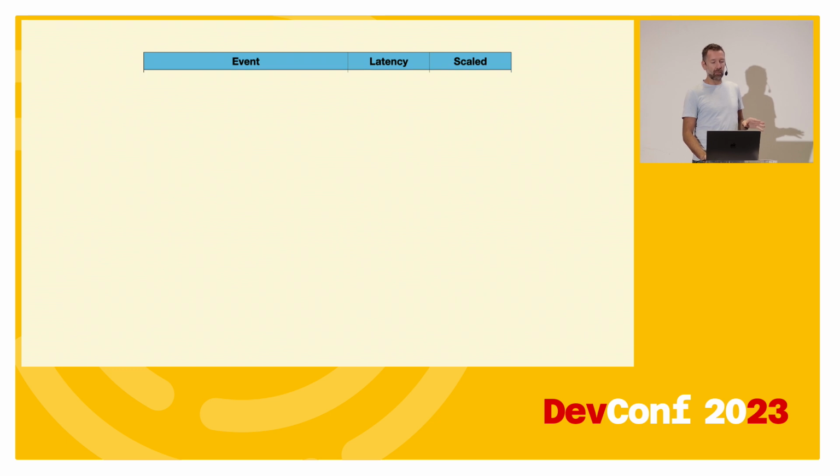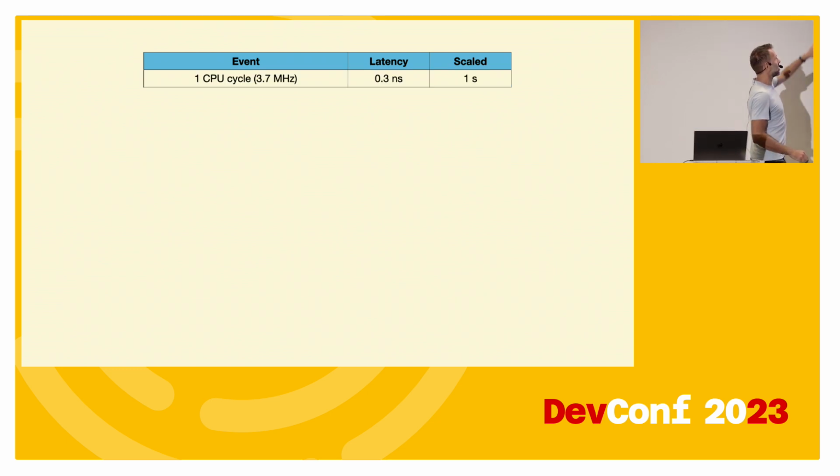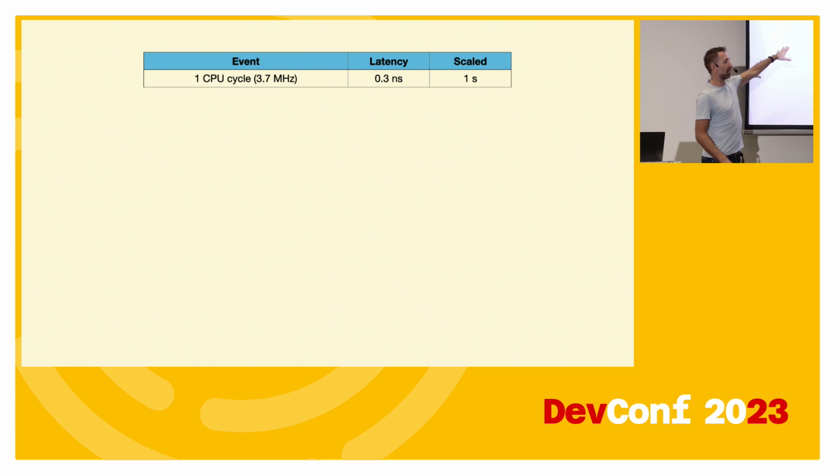So what I'm going to do is scale up. This is actually not a table that I drew. This is a table that someone else drew. But I'm going to scale up one CPU cycle, which on a 3.7 gigahertz processor is about 0.3 nanoseconds, incredibly fast, up to 1 second. We know what it's like to experience 1 second.